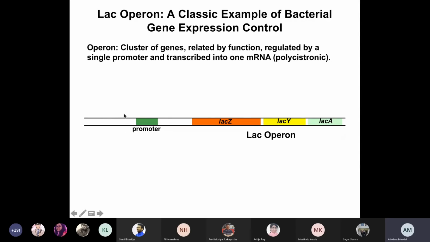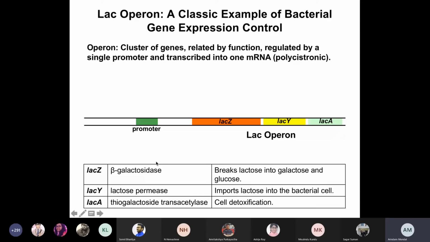The lactose permease is important for the import of the lactose into the bacterial cell. So once you have lactose in the environment, the lactose permease will import the lactose inside the cell, and then beta galactosidase breaks the lactose into glucose and galactose.